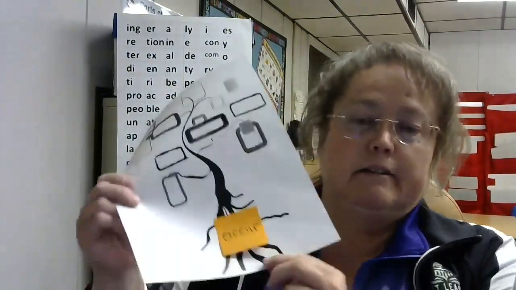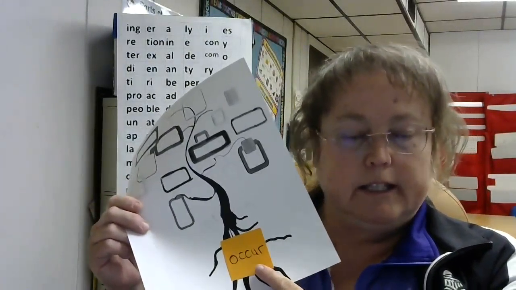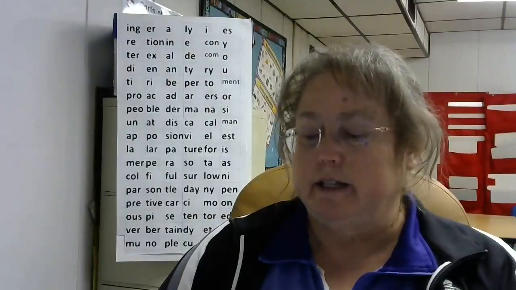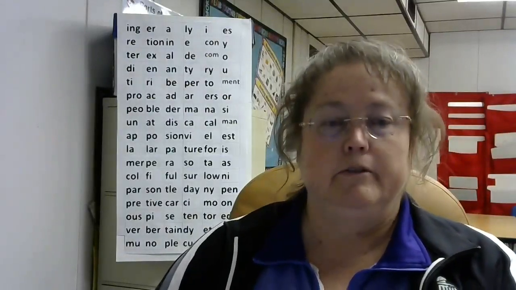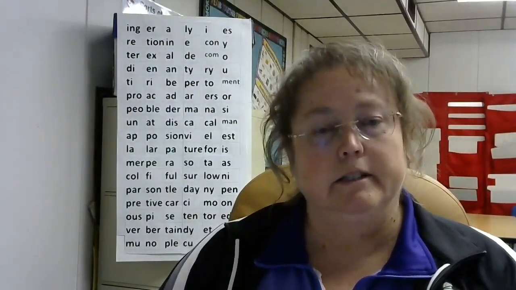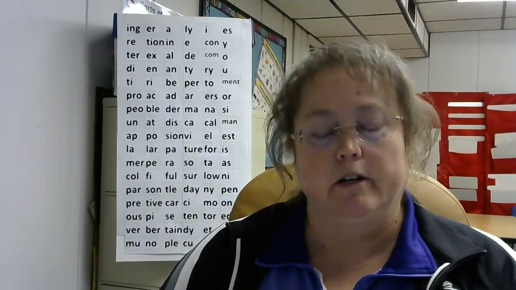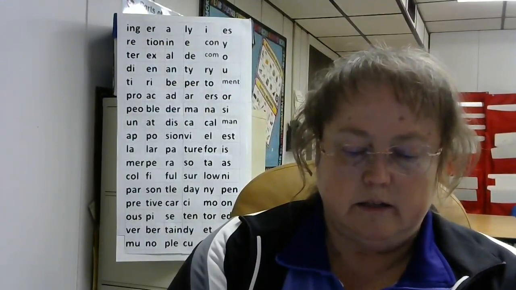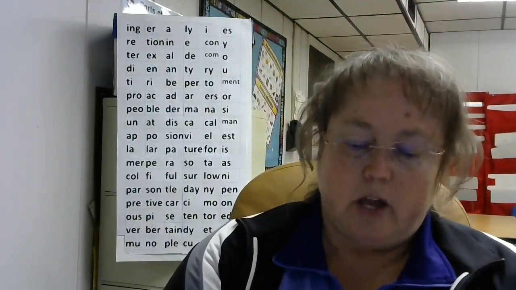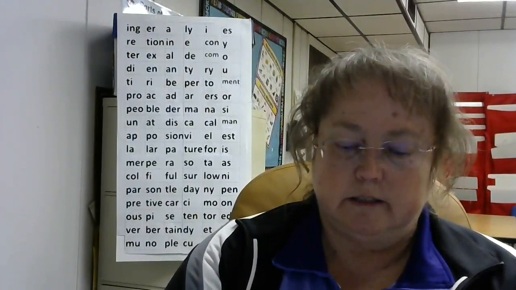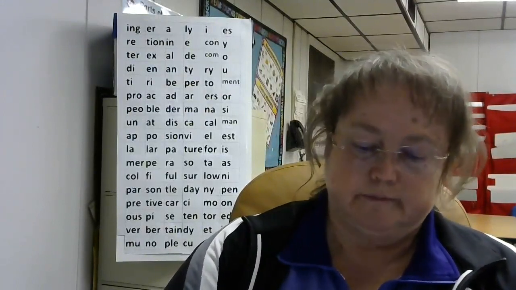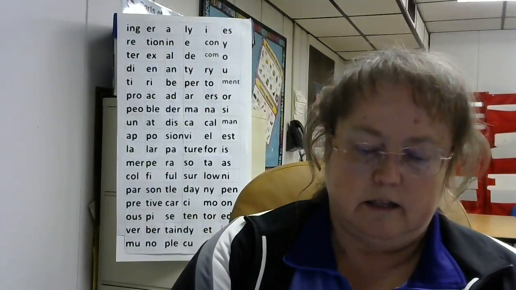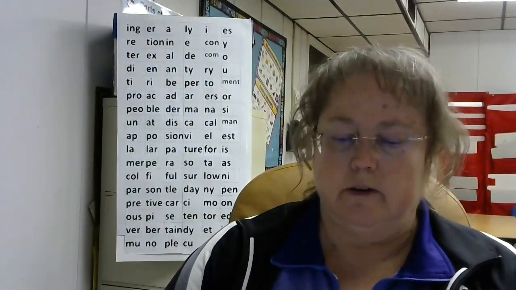So let's say our root word is occur. I went over this on day 1, but some of the family words that have the root word occur in it are occurred, occurs, occurring, and occurrence.